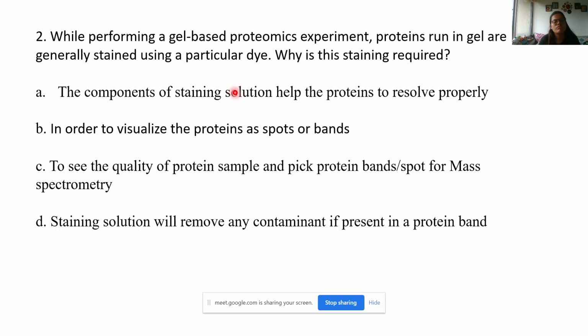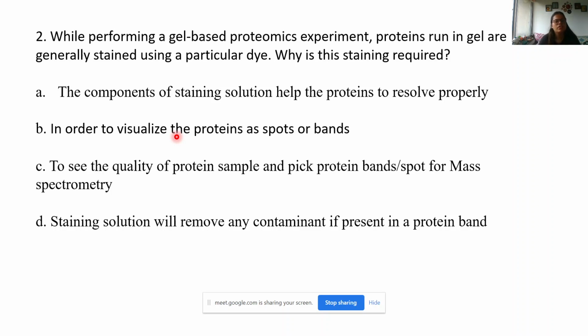I guess it's to visualize the proteins as bands. Yes, visualization definitely, as we discussed in the earlier slide also. They are very important for visualizing the proteins. Else you will just see your gel, and if you are not using any staining dye, you will not be able to see your proteins of interest.